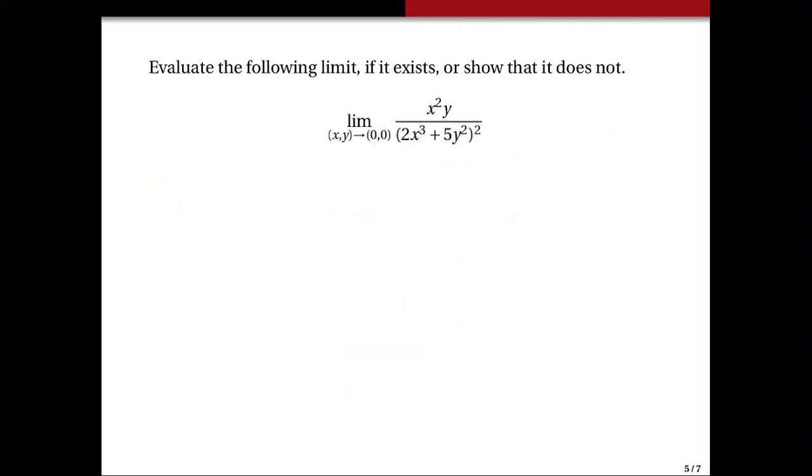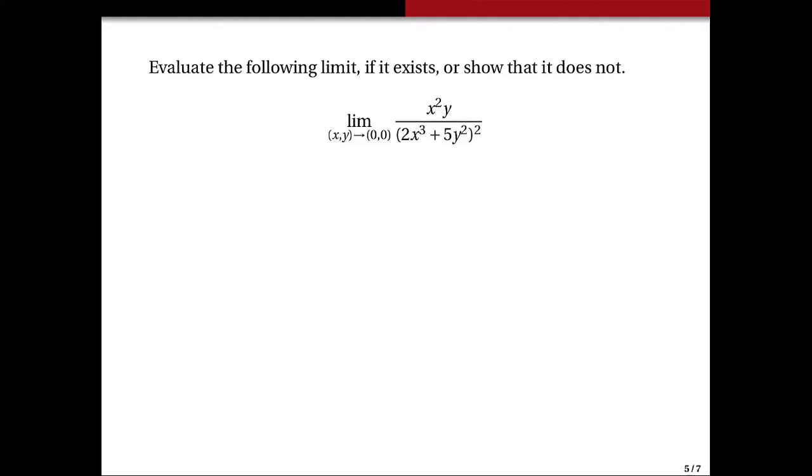For our next problem, evaluate the limit if it exists or show that it does not. So in here, limit of x squared y over 2x cubed plus 5y squared as the point (x, y) goes to (0, 0). You can easily see that this is a 0 over 0 indeterminate form.